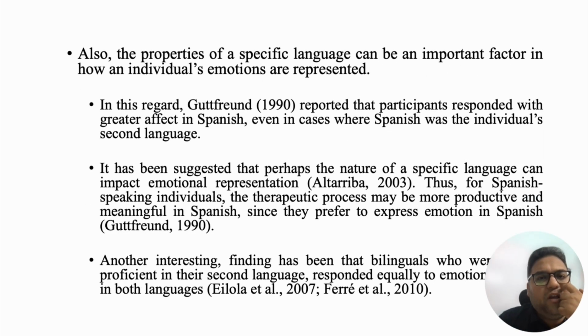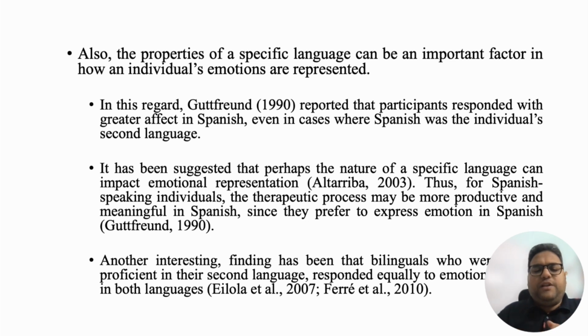Also, something that has been very interestingly pointed out is that the properties of a specific language can be an important factor in how an individual's emotions are represented. I was talking to you about poetry, about how poetry is almost non-translatable, because when you are expressing yourself in a poem, let's say in Urdu or in Hindi or in English, you are using the linguistic structures of that specific language to express the deepest feelings of your heart.